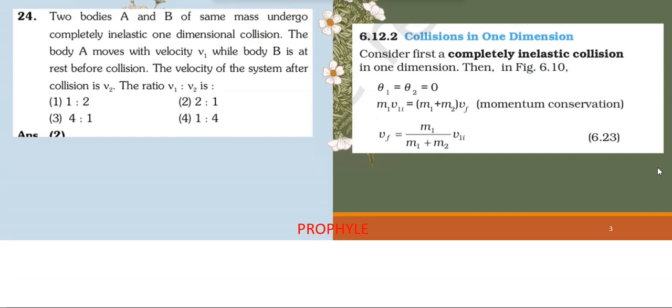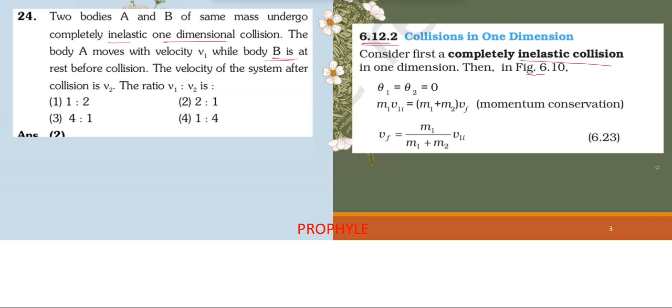And just look at this. This is from collisions. For completely inelastic collision in NCERT, we have this kind of point. In inelastic collision in one dimension, the final velocity, if one object is at rest, just look at this, body B is at rest, so that will be m1 by m1 plus m2.